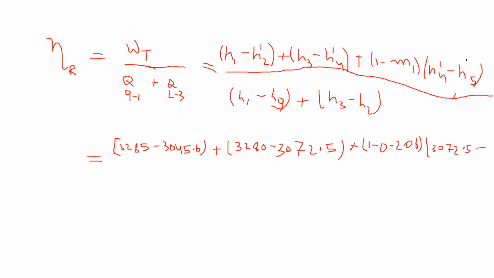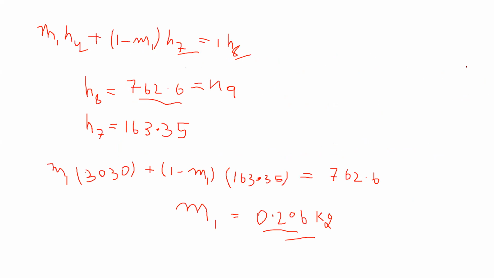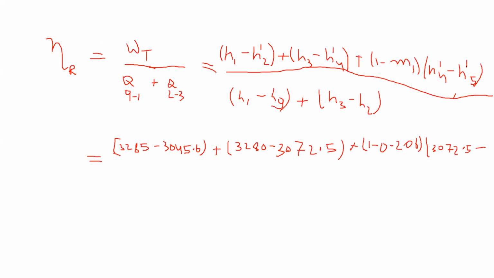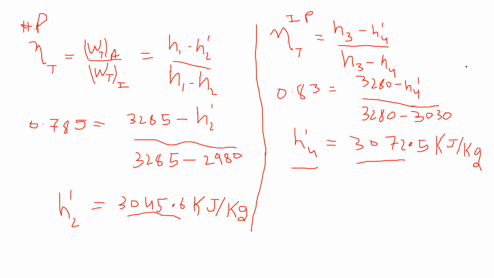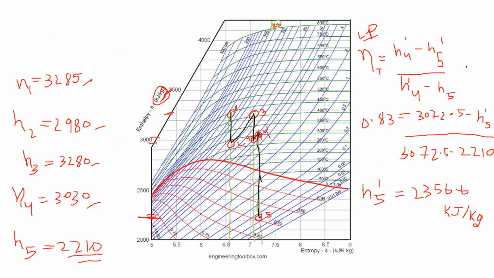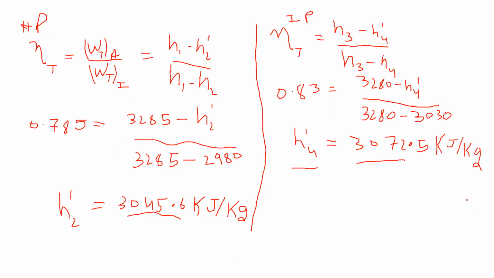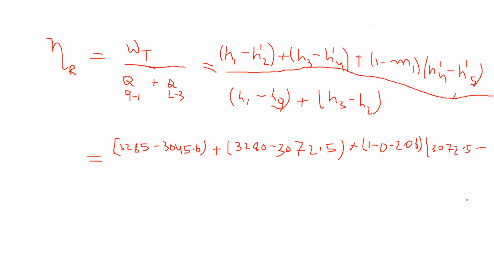Sorry, I forgot to mention the dash. You have to take the actual information. Where is the H5 dash? We don't find it directly, but here you can find it: 2356.6 kilojoules per kg.